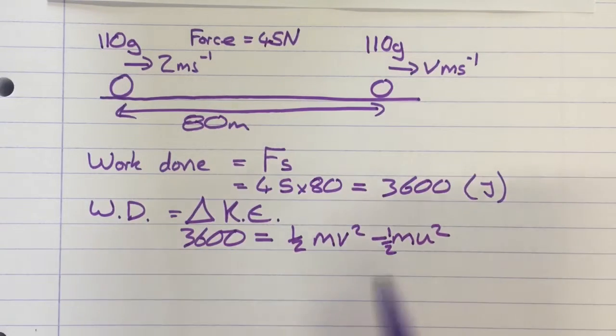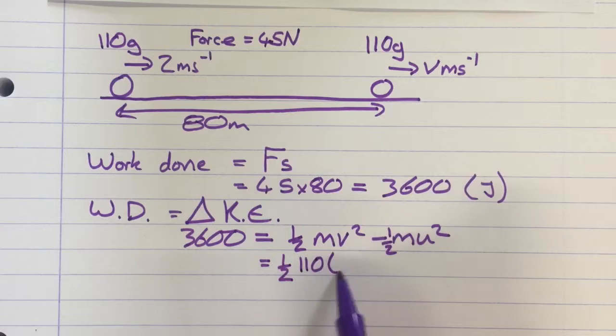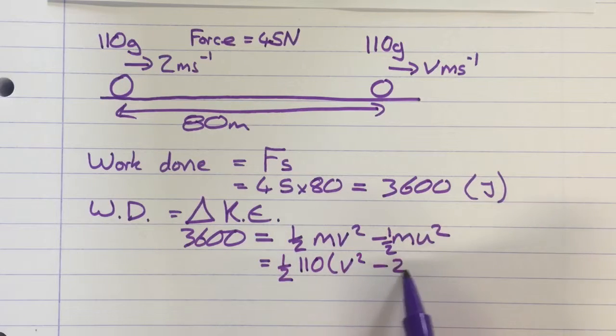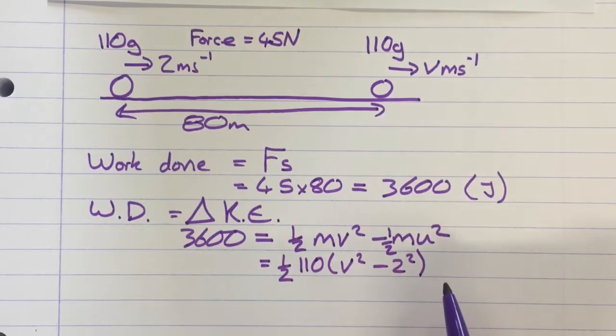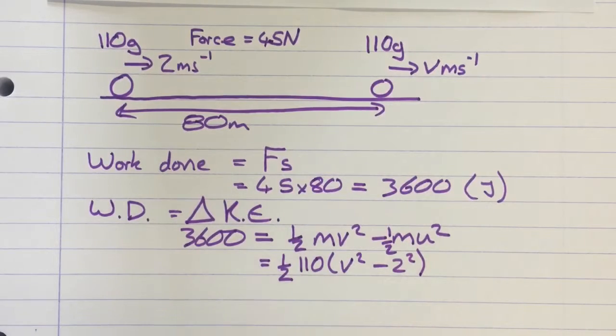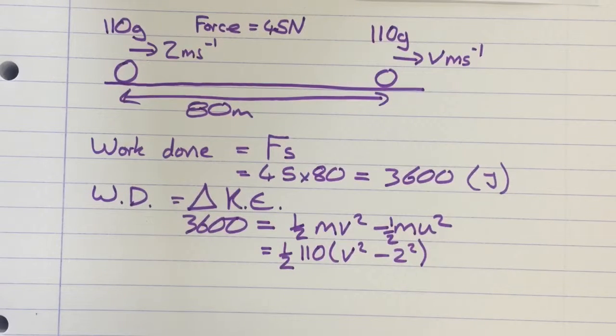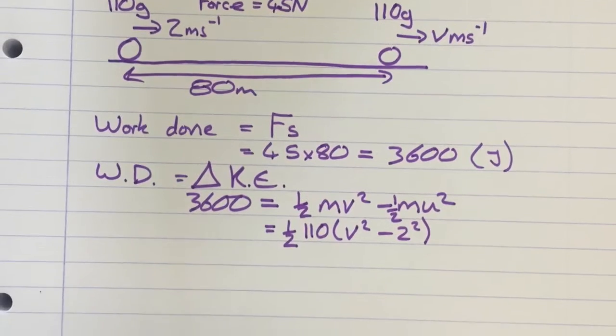Just to save a bit of writing, I'm going to factorise that out a little bit. So we get half times 110 times v squared minus 2 squared. Now it's just a case of rearranging that and solving to get our unknown v.